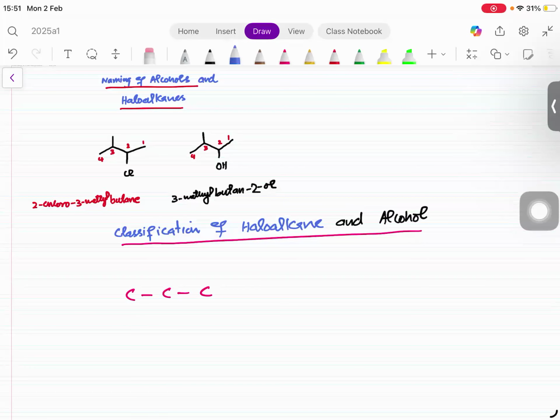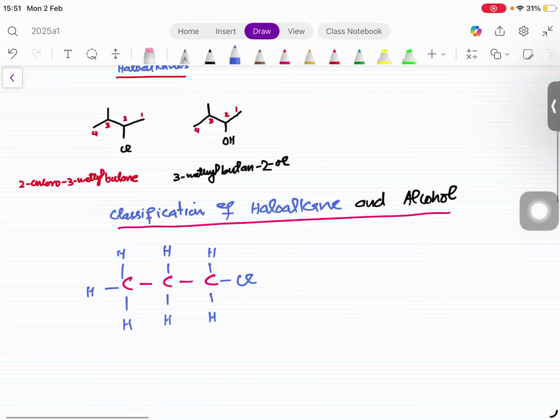You see, this is a haloalkane. Please pay attention. The carbon which is having the halogen attached is known as alpha carbon.